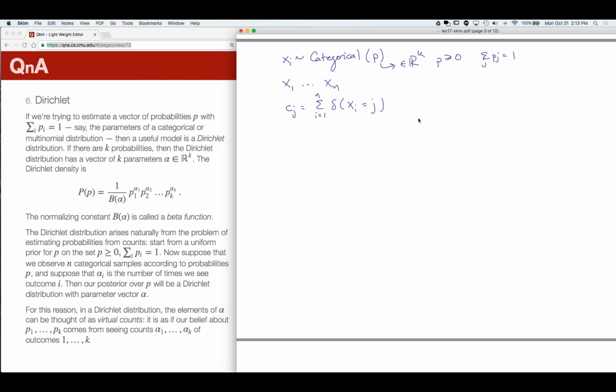The probability of our data set, right, so I'm going to say L, the likelihood, is equal to the product over all i of p sub xi, right? If xi is 3, I'm going to count p3. If xi is 7, I'm going to count p7, right?